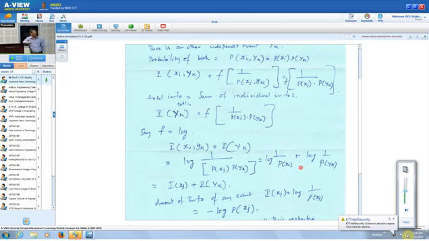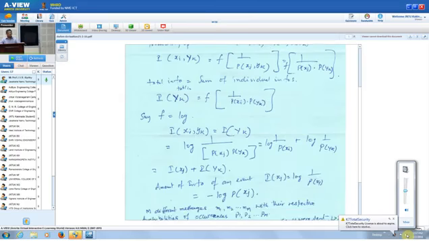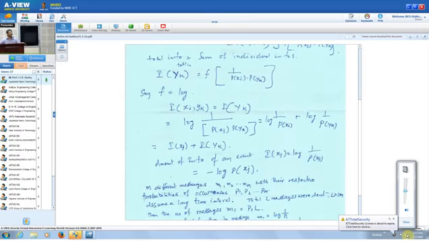So this becomes like this. Log of 1 by pxi is your I of xi, and the other is your I of yk. So that means you have chosen the f such that the information sum is equal to the total information. Okay? So if it is the log function, this will be fine. So the amount of information of any event is I of xj, that is equal to log of 1 by pxj.